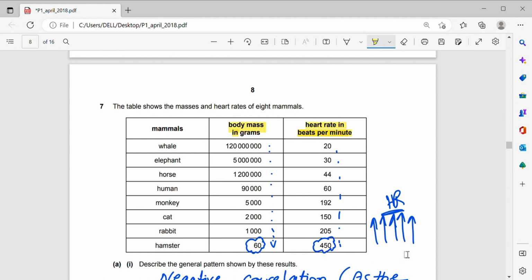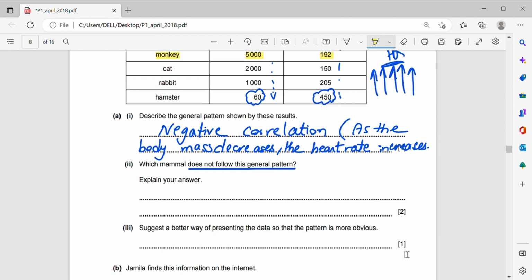We will find that here the monkey, it has a body mass of 5,000 and heart rate 192, okay, which is a high heart rate. So the monkey's heart rate is too high for its mass. The monkey.